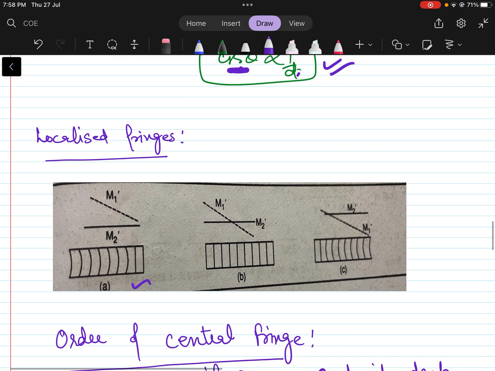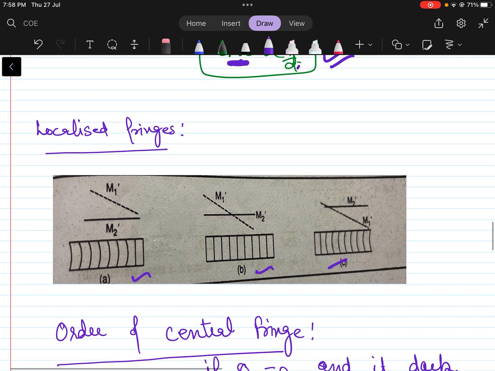Then there are the localized fringes. So there are three diagrams here, A, B, C. We have discussed in the previous section that M1 and M2 are perpendicular to each other. And if they are inclined to each other, if the angle is less than 90 degrees, then the air film between M1 and M2, as shown in the figures, becomes wedge shaped.